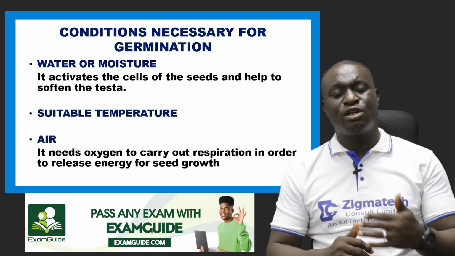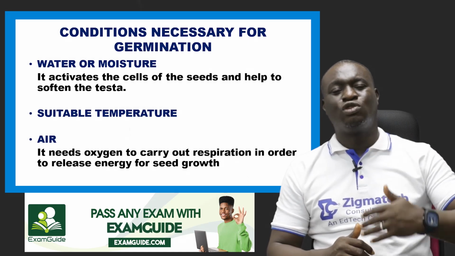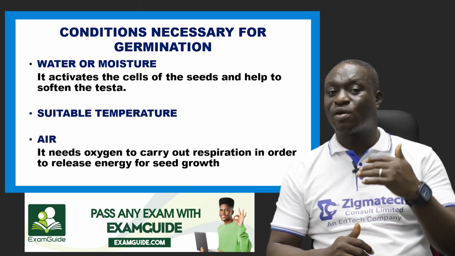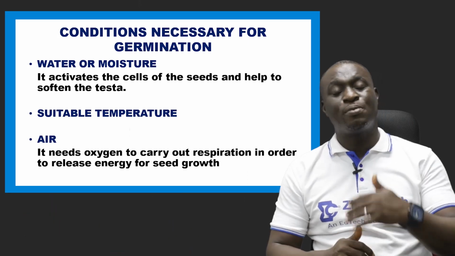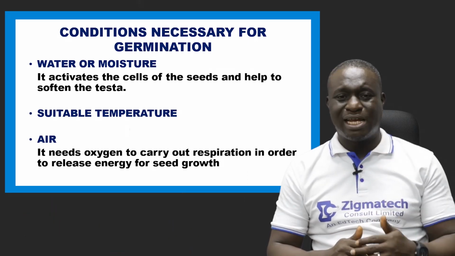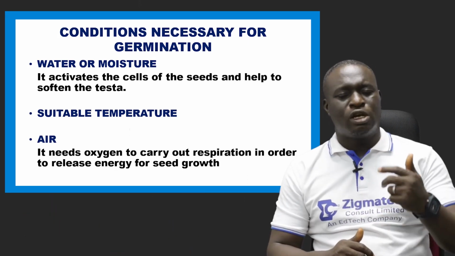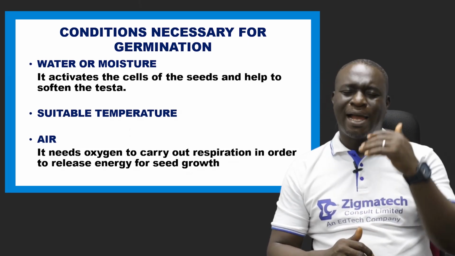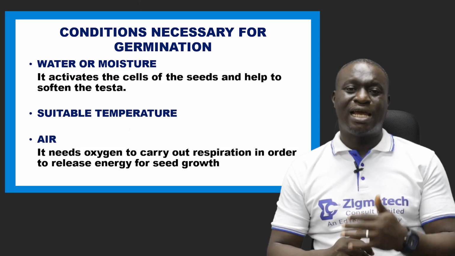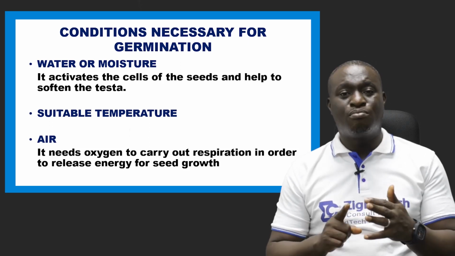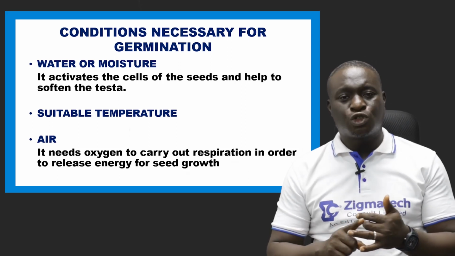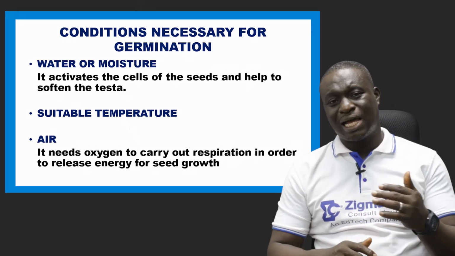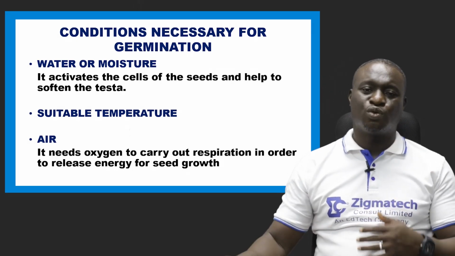Because the embryo, in order to develop into a new plant, requires energy. The production of the plumule, the production of the radicle, and all these require energy. And this energy can be gotten from both the food and also oxygen, because when oxygen acts on this food, they release what?